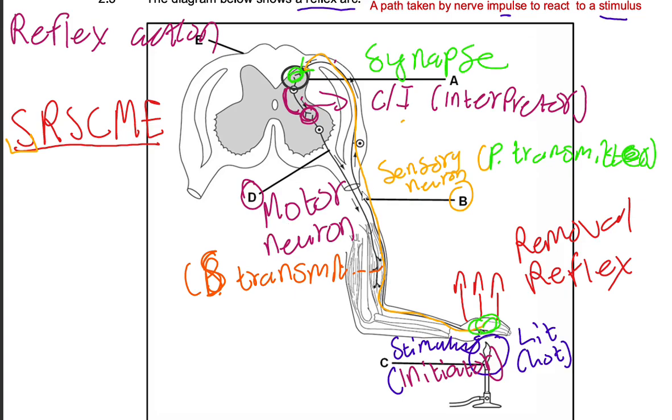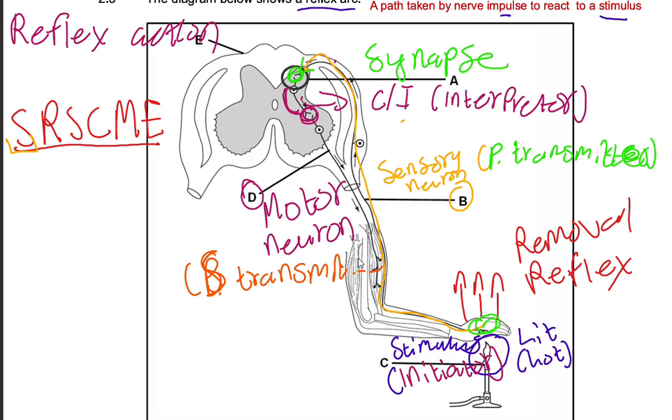But the difference between it and the sensory neuron in terms of the transmission of the nerve impulses is that the sensory neuron transmits the unprocessed or non-interpreted nerve impulses towards the spinal cord, and the motor neuron transmits the interpreted nerve impulses away from the spinal cord. All right, so it acts as our secondary transmitter.